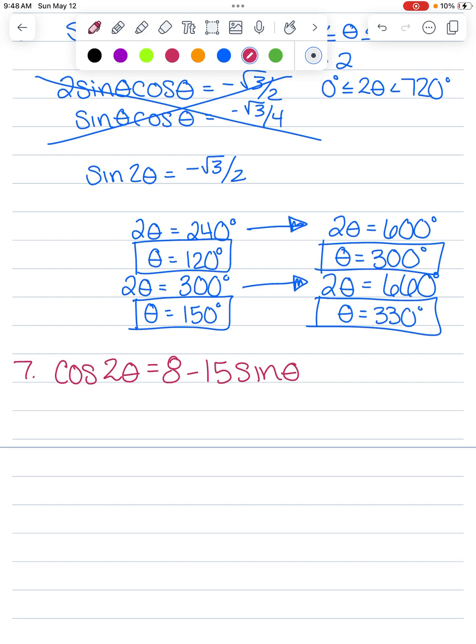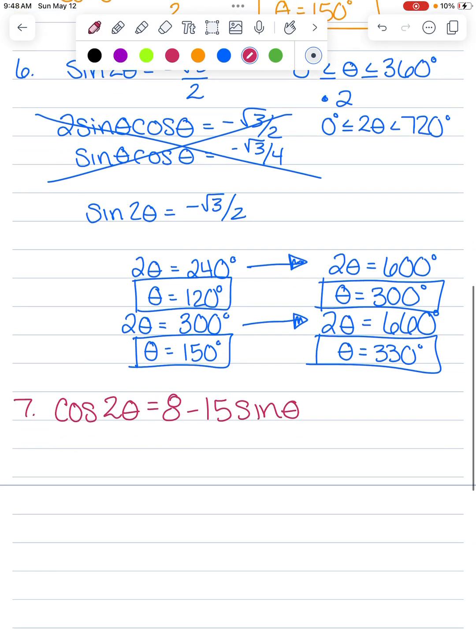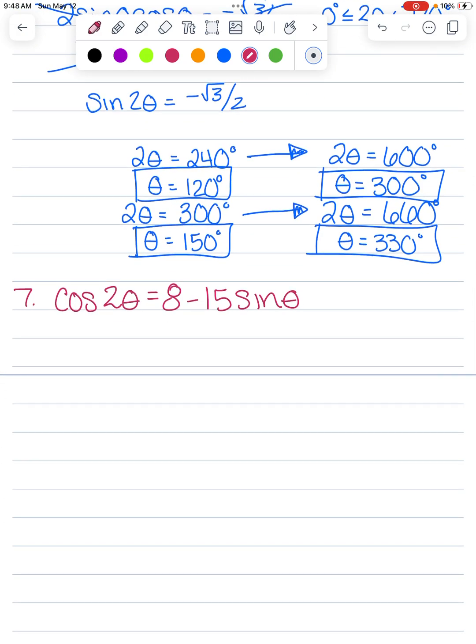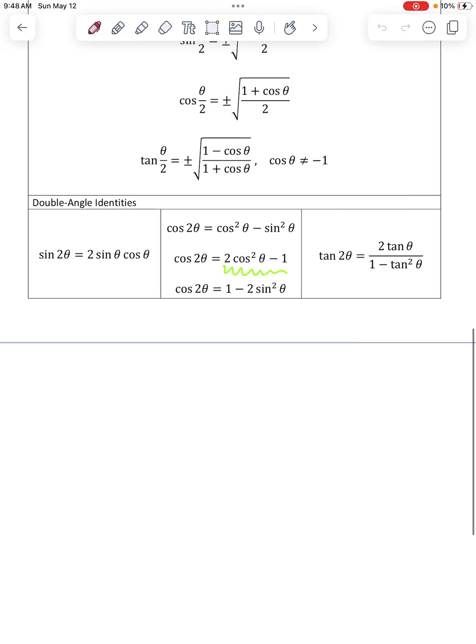It's not like the last one where I could just work with the 2 theta because it was only 2 theta. This one I have to use an identity. I notice that the other thing left in this equation, other than the cosine of 2 theta, is sines. So the identity that works with sine is that one.